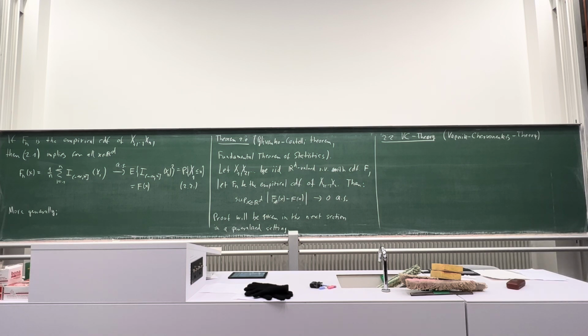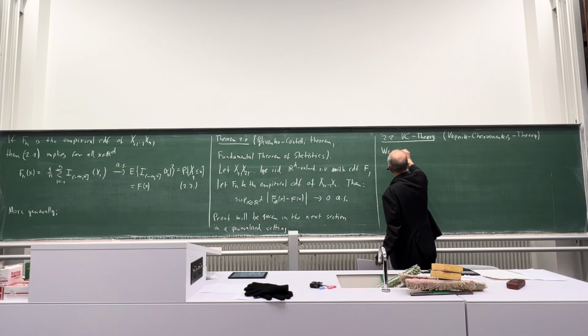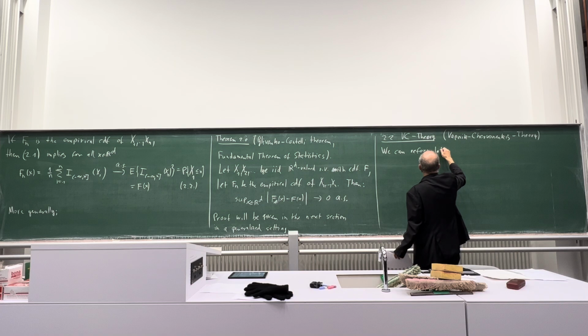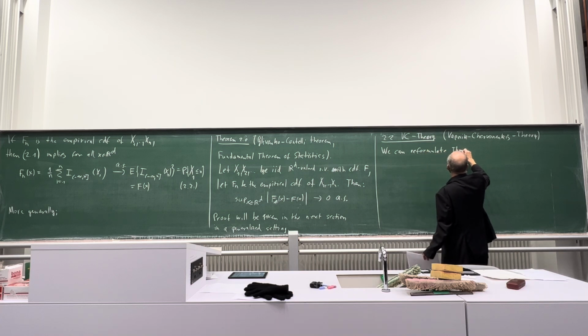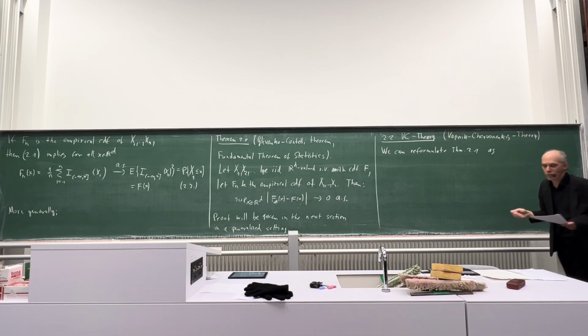And the first observation is that I can reformulate Theorem 2.1, and I'll reformulate it as follows. I just replace the empirical cumulative distribution function and the cumulative distribution function by the empirical distribution and the distribution of some proper set, and the proper set is this interval, which was used in the definitions.